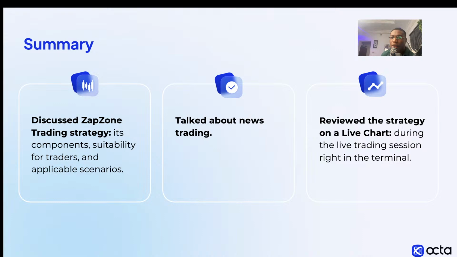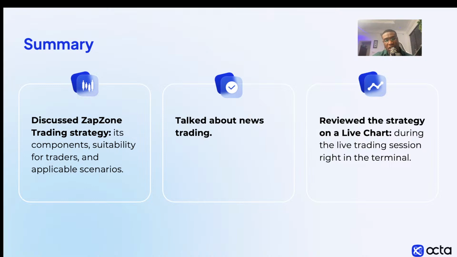Okay, I'm going to do a quick summary and I'll take all your questions if you have any. Today we've looked at the Zabzone strategy. We had a little bit of interruption with the network, but you can always come back to watch this video and try to understand better. And if you have any questions, you can still drop a comment and I'll be answering your questions.